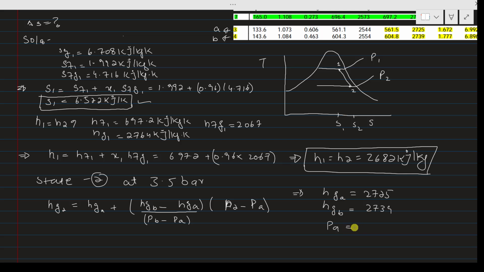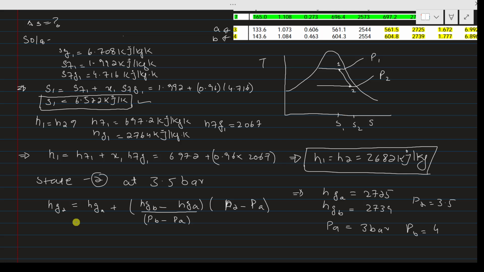So the pressure Pa is 3 bar, pressure Pb is 4 bar, and the pressure P2 is 3.5 bar. I will use this interpolation formula for Hg2.